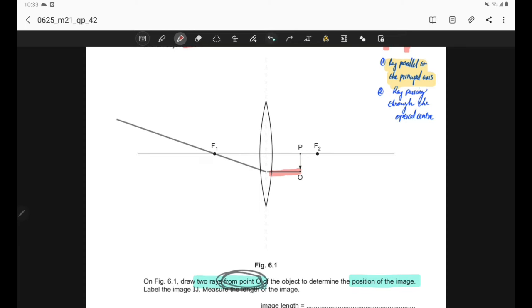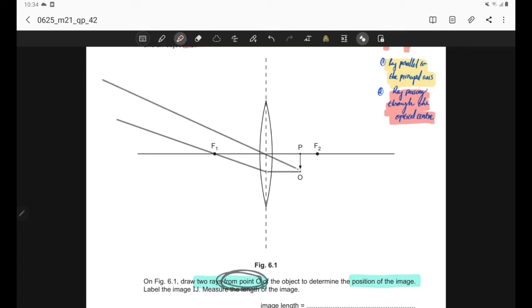Now we can draw the second ray that is passing through the optical center. So another ray emerging from position O should pass through the center of the lens, and this line will not deviate but will pass straight, without any deflection.